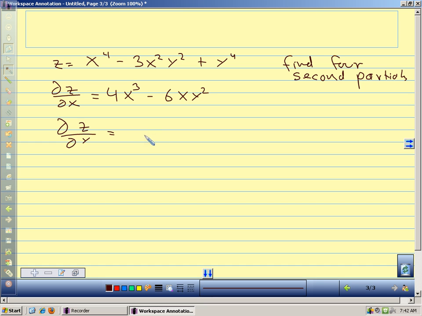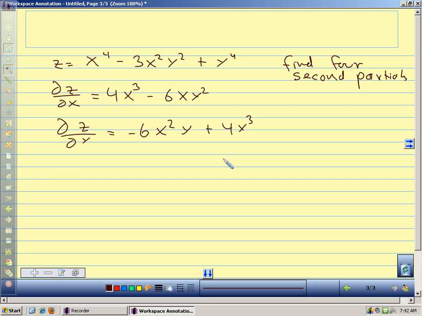Dz dy? We're just doing the first partials here. Minus 6 x squared y plus 4y cubed. So there's our first derivatives.